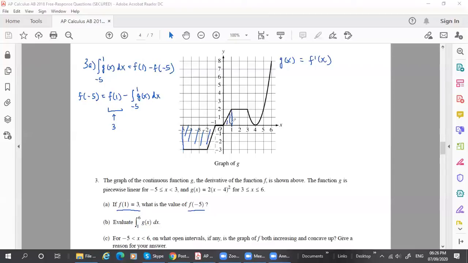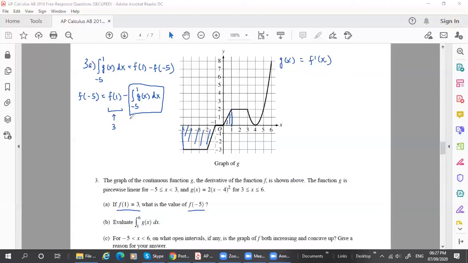Since it is a definite integral, we are looking at the signed area, meaning that this part is the area of the triangle from 0 to 1, and you need to subtract the area of the trapezium from -5 to -1.